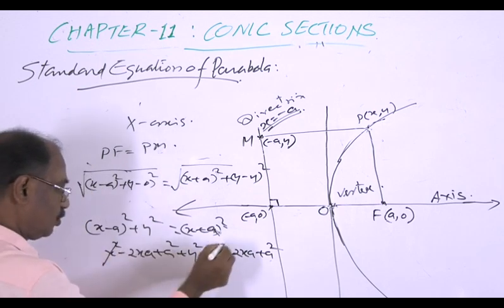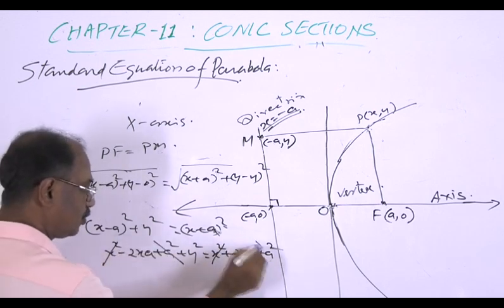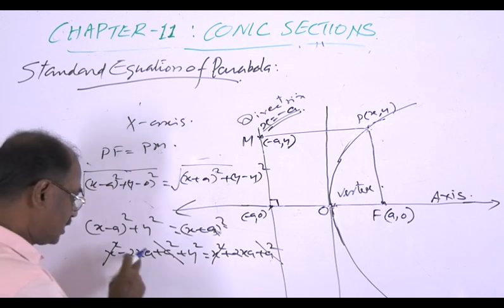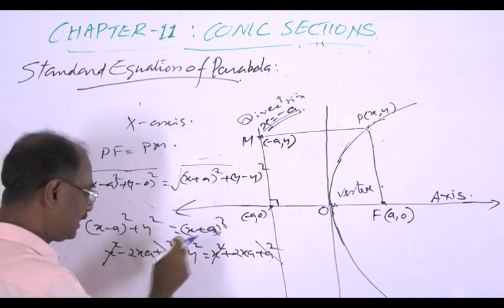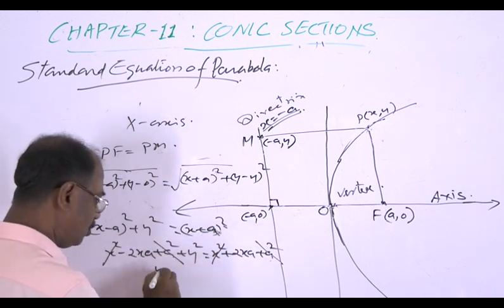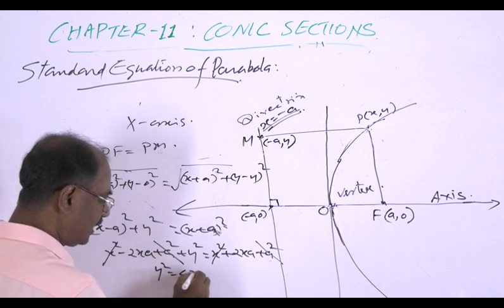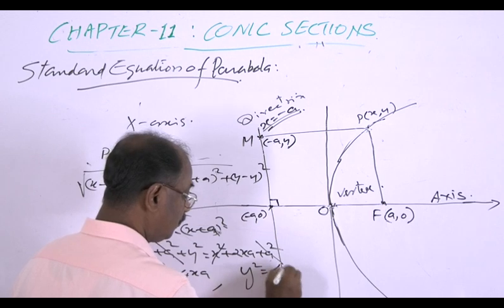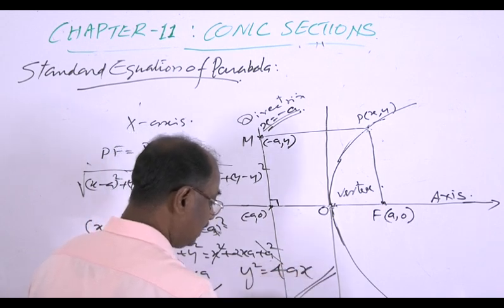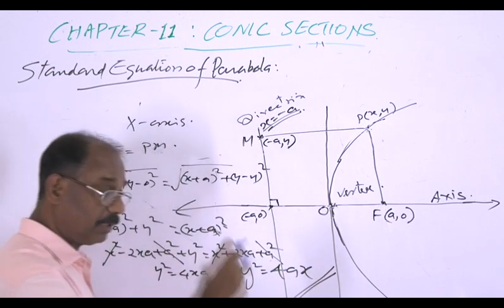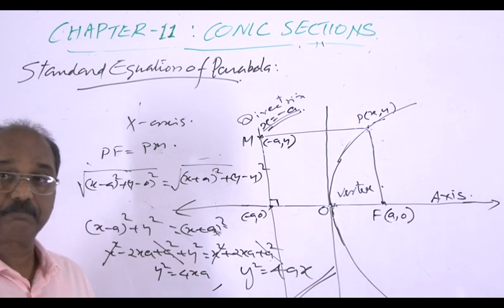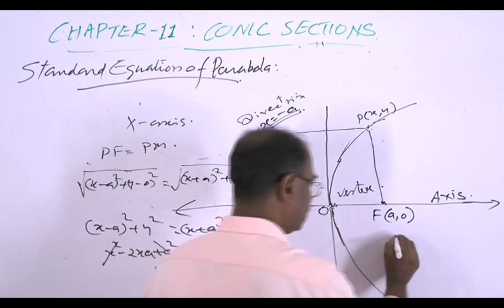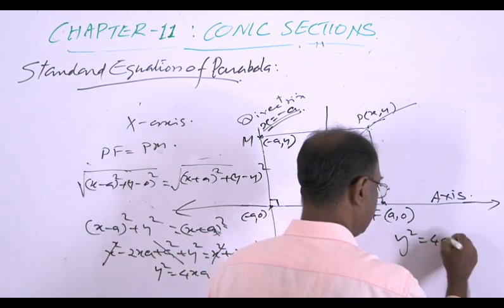So x squared cancels, a squared cancels. Transposing the minus 2ax to the right side, we see that y squared is equal to 4ax. This is the equation of the parabola in the standard form, that is, y square is equal to 4ax.